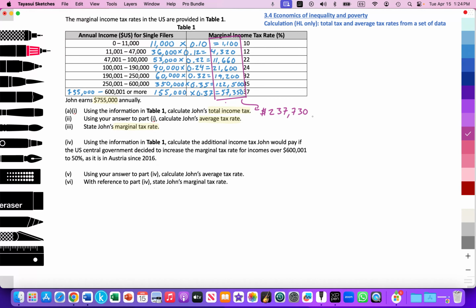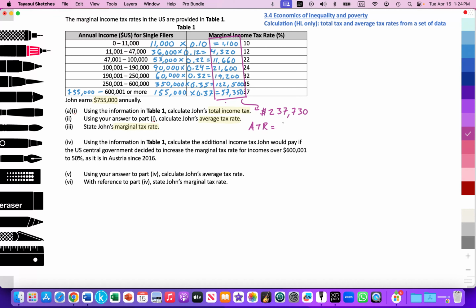Okay, fantastic. So were you able to do that? Did you calculate that correctly? Are all your workings accurate? Now let's move on to question 2. We're going to calculate the average tax rate. The average tax rate is equal to the tax paid divided by the total income in that year multiplied by 100.